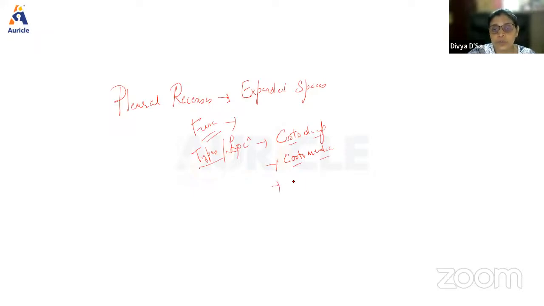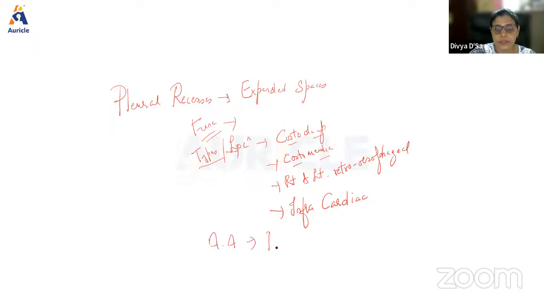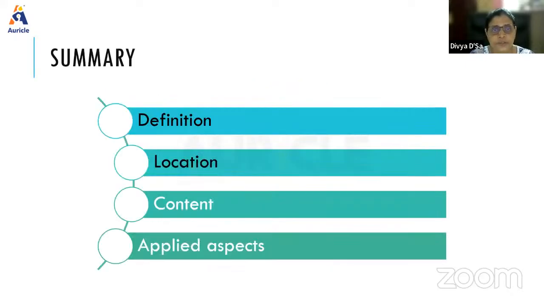Then we have two other small ones, the right and left retroesophageal, and one more, the infracardiac. These things you should know. And the applied aspect: you will mention pleural effusion. So these are the things.